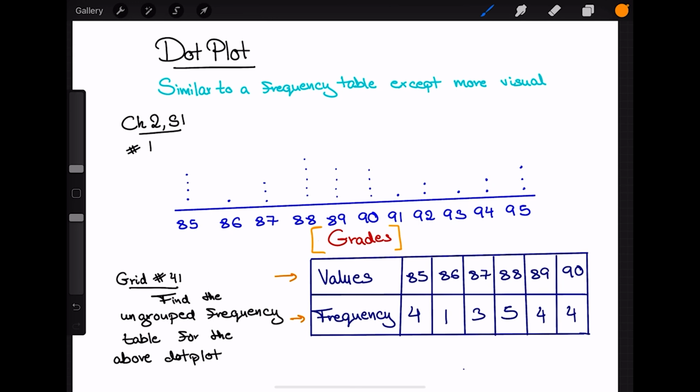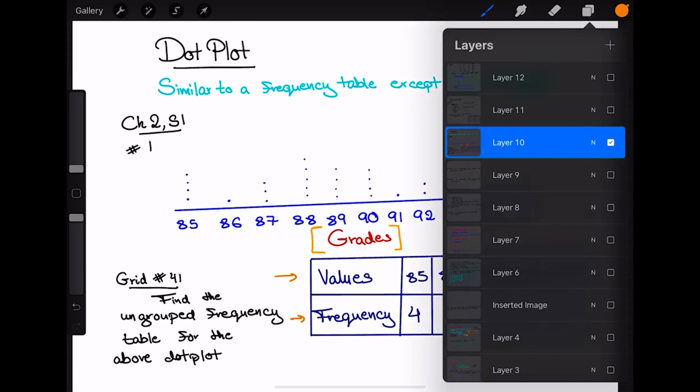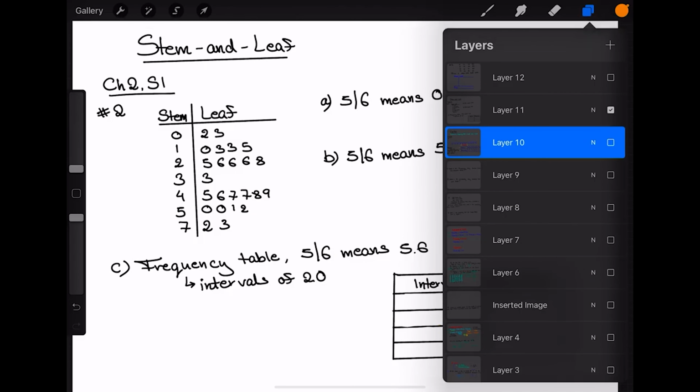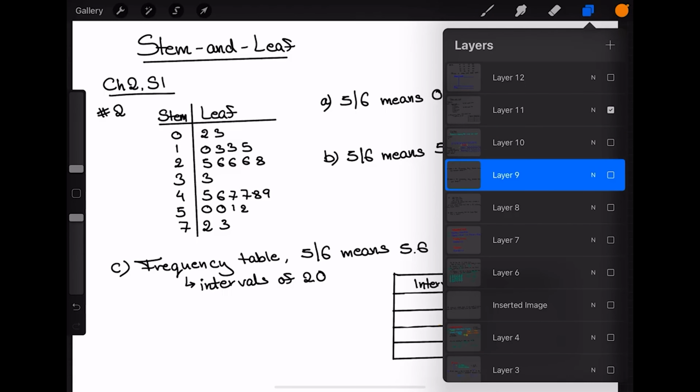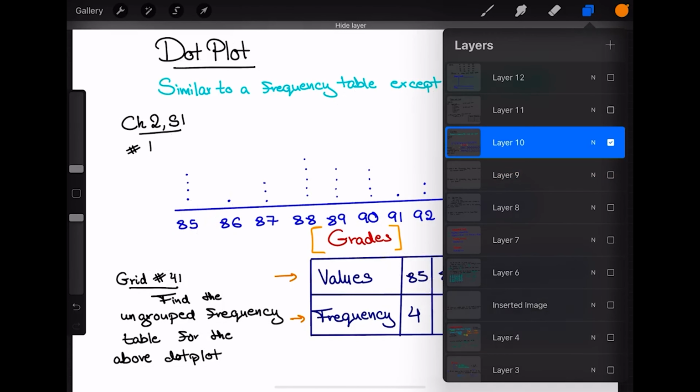Now you just write values or grades depending on what data they give you, if they give you a description or not, and a frequency line. You can either write it horizontally or vertically. In this case, I just wrote it horizontally. You could write it vertically, such as in this question here. It does not make much of a difference.